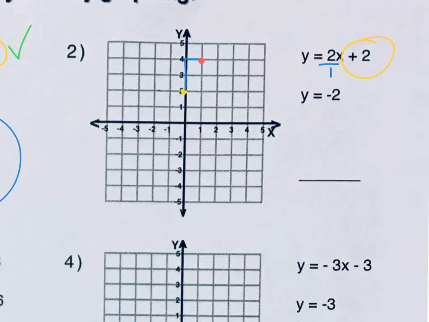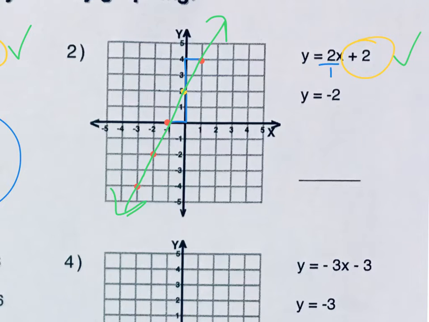We cannot continue that pattern if we go up and over, so we reverse down 2, back 1, and put a point. I want to continue that pattern all the way through the graph, and then put a line through to connect the points.